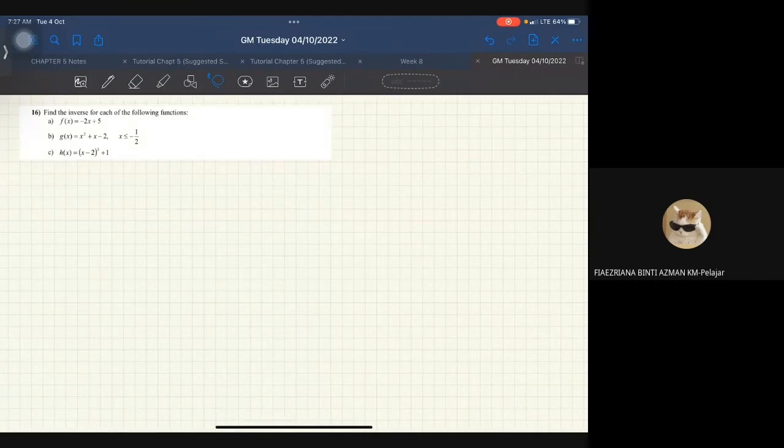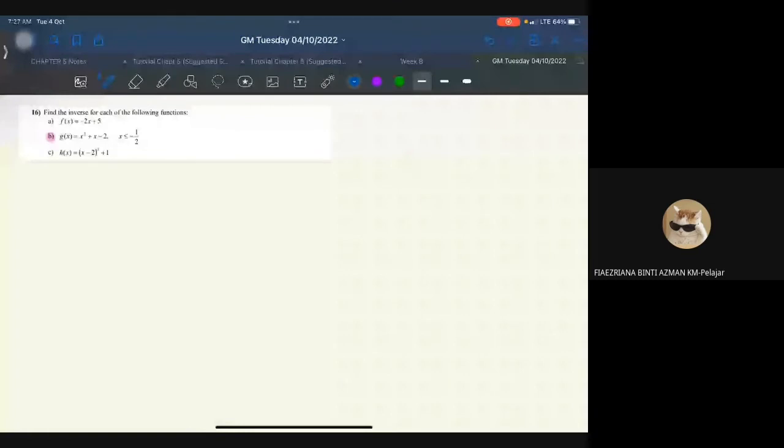Okay, so soalan ni dia melibatkan soalan kuadratik. Equals to x square plus x minus 2. So saya salin balik, kita ada CF.